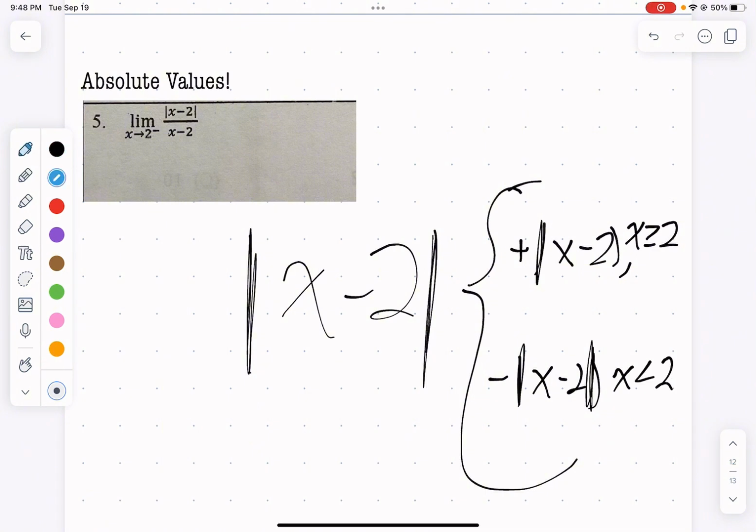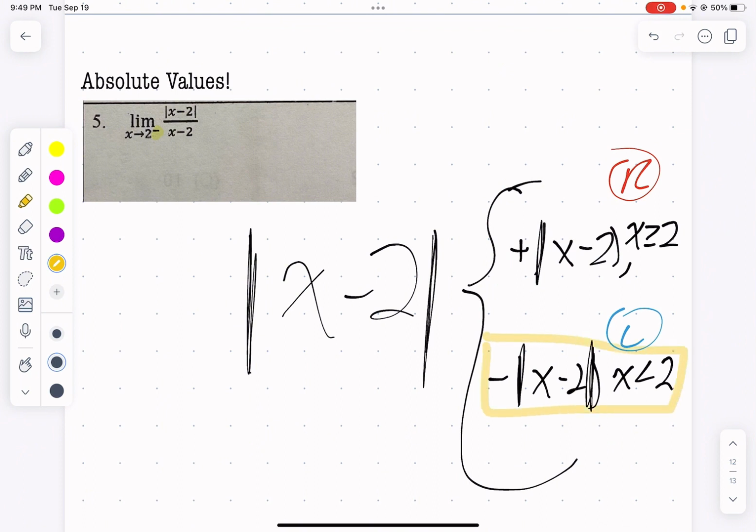This is very similar to saying that the positive x minus 2 is approaching from the right, and this one is coming from the left. When the question asks you to find the limit as x approaches 2 of said function, the little negative sign means that it wants you to do it from the left. So you would use the bottom equation.